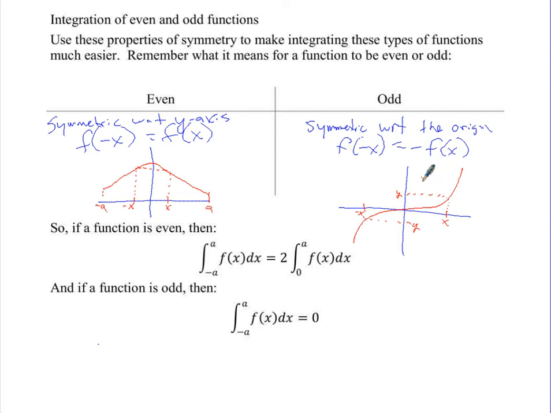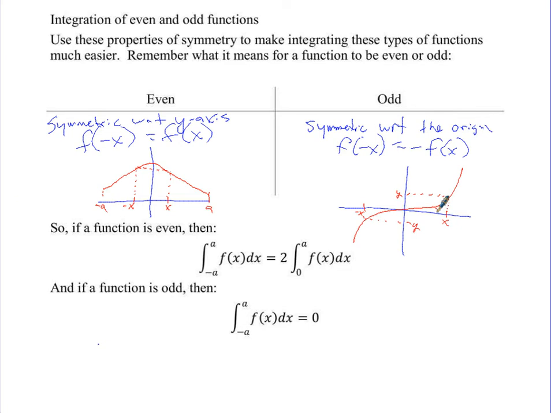Okay? Now, if that's true, then take a look at the function that we have here. What can we say about the area from here in and the area from here in? They are the same in magnitude, but they have opposite signs. This is a negative area, this is a positive area, and they are both the same size.